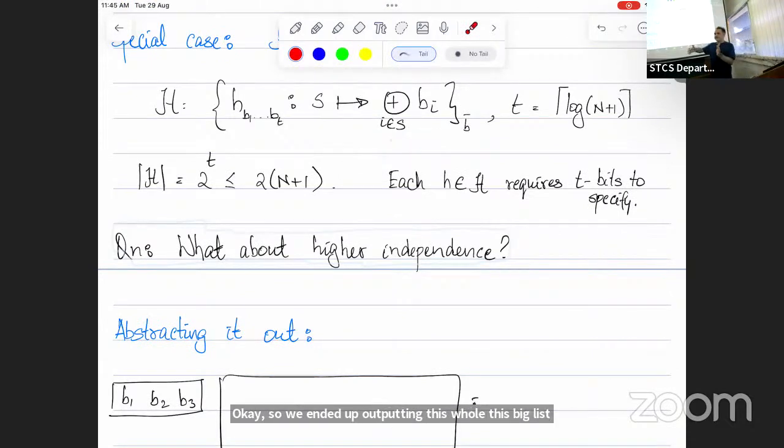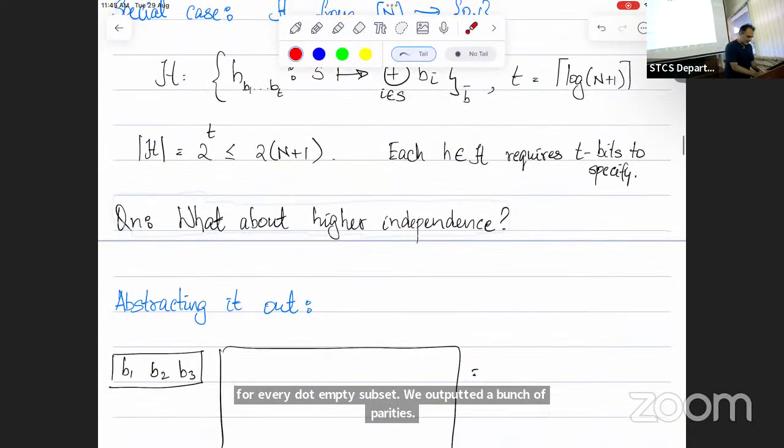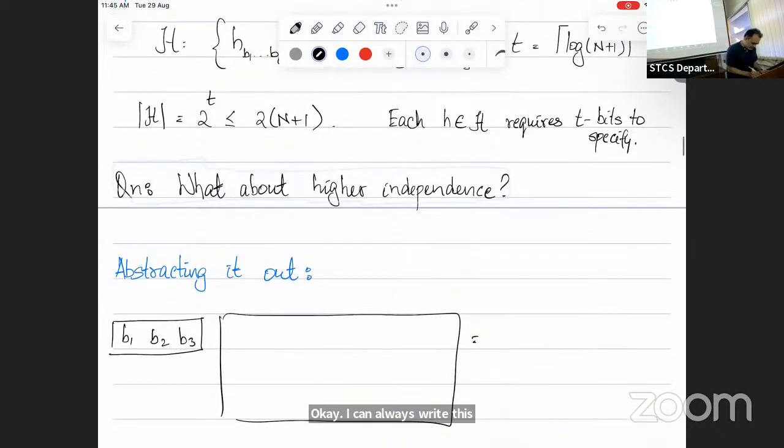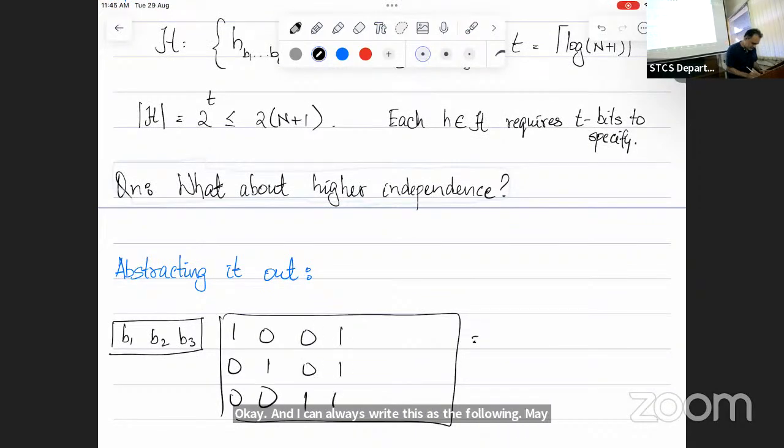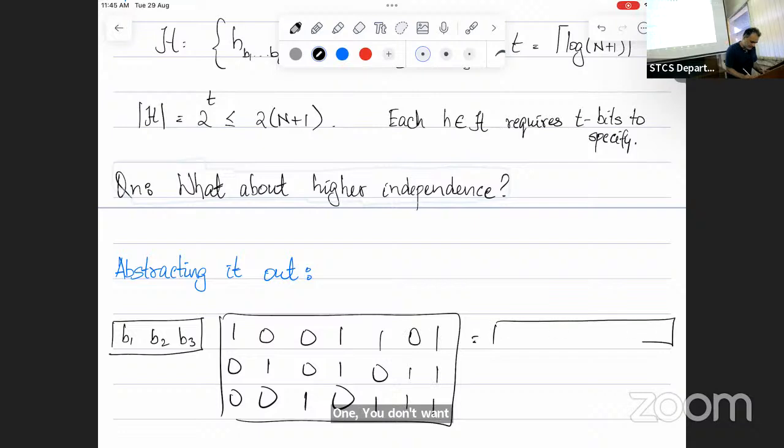For every non-empty subset, we outputted a parity of them. And I can always write this as the following matrix: 0, 0, 0, 1, 1, 1, 0, 1, 0, 1, 0, 1, 1, 1, 1, 1. And this is the length 7 output that you end up computing.